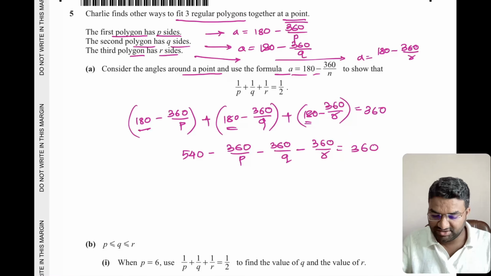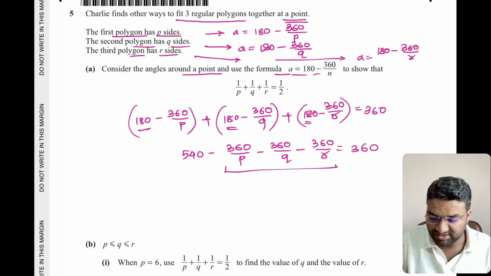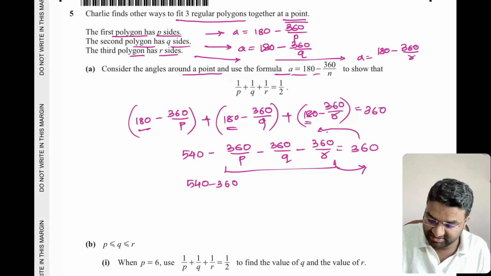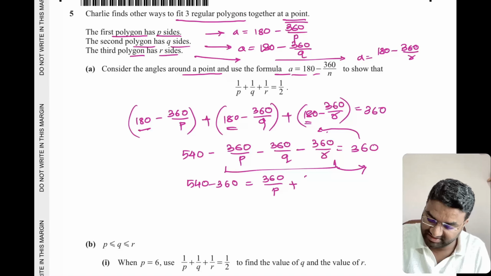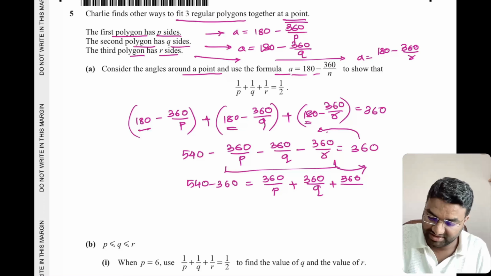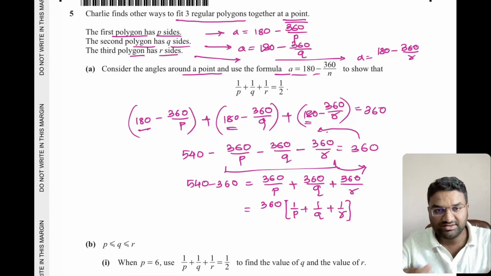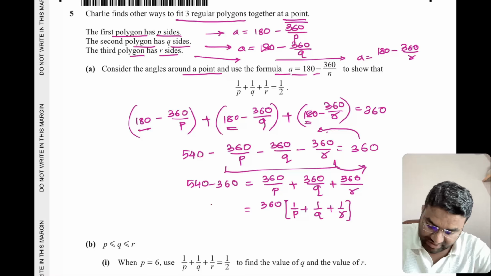Now transfer all the other terms to the right and 360 to the left. So 540 minus 360 is equal to 360 by P plus 360 by Q plus 360 by R. Take the 360 out, so it's 360 times 1 upon P plus 1 upon Q plus 1 upon R. On the left-hand side we have 180.